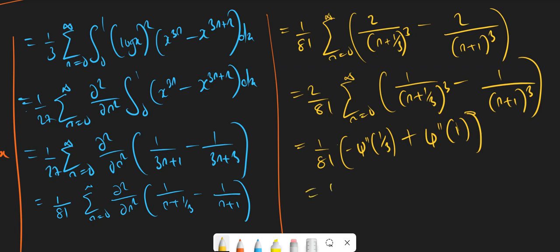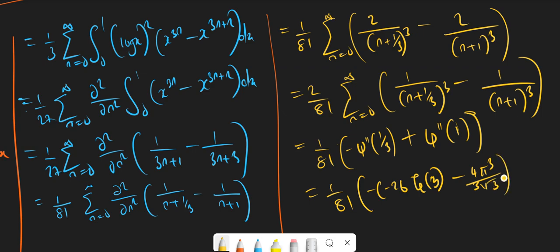So this will be 1 over 81 times, psi prime of 1/3 is negative 26 zeta of 3, then minus 4 pi cubed over 3 root 3.